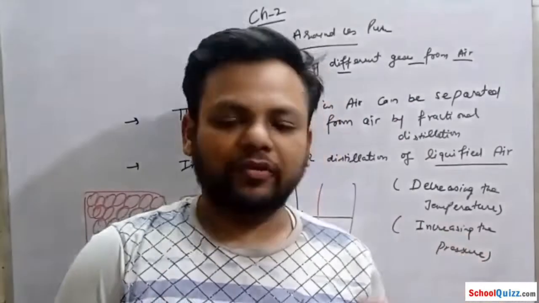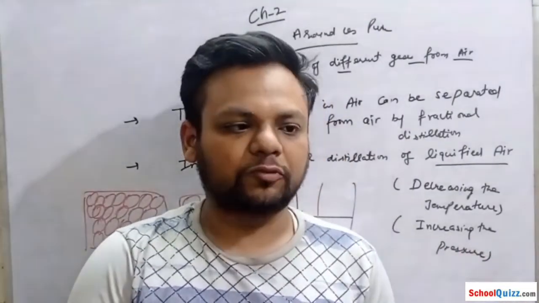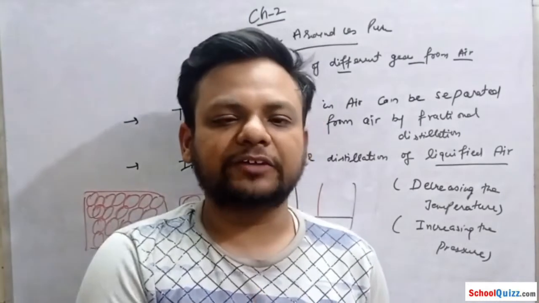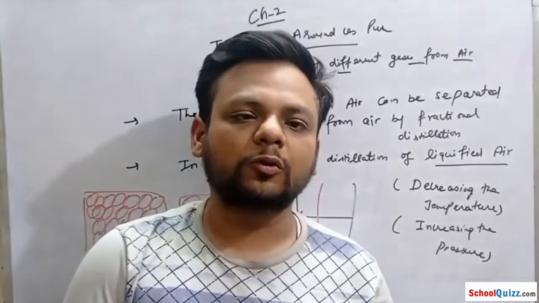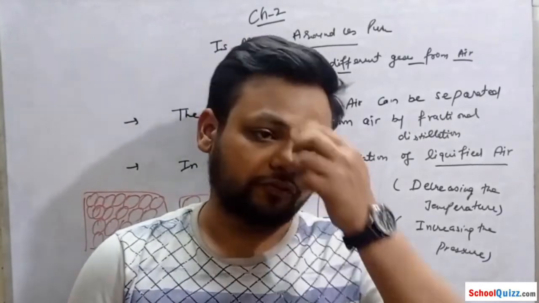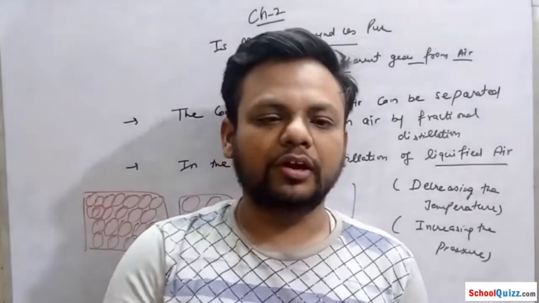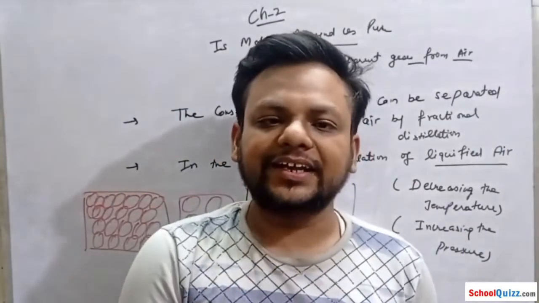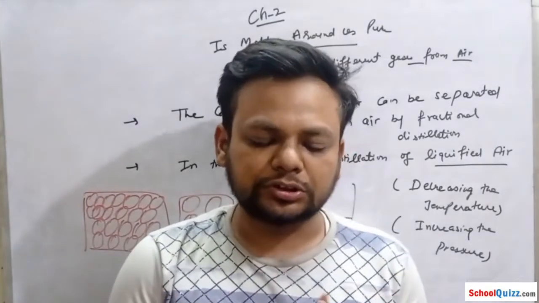We have discussed how we can liquefy the air by increasing pressure: space will be less, the molecules will come closer and it will turn into liquefaction. In the case of decreasing the temperature, as we know, the kinetic energy of the molecules decreases. That's why they also come closer.